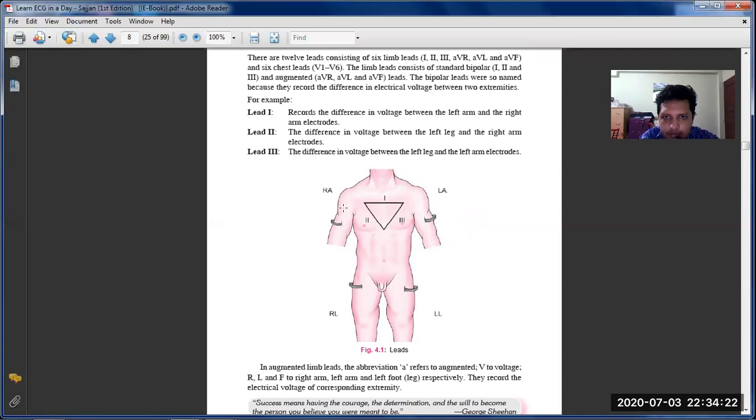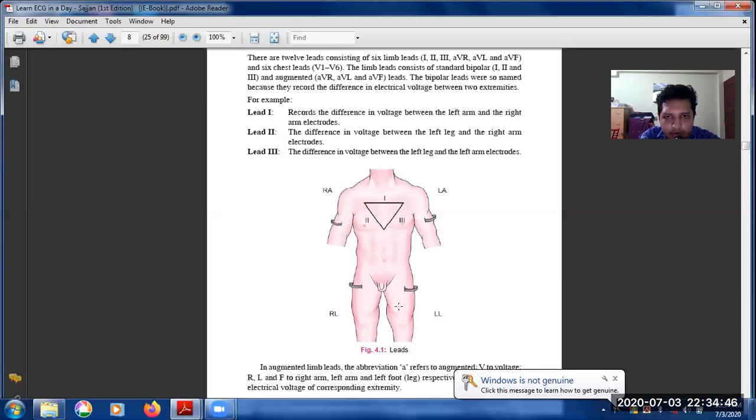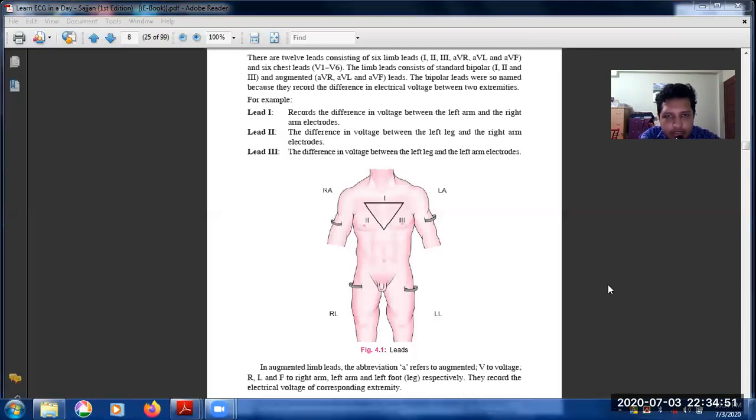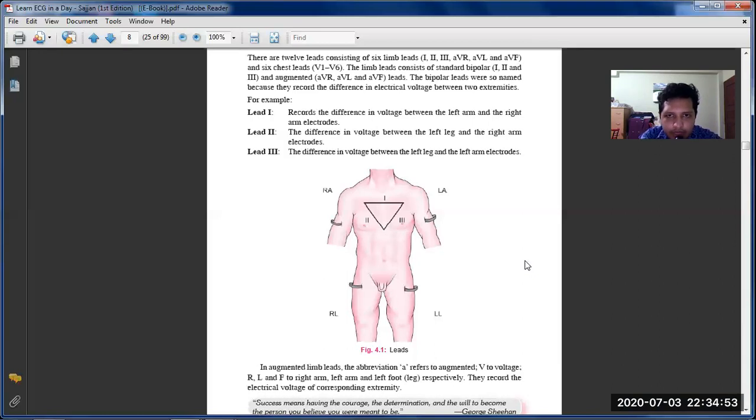We are using the left lower limb because the actual direction of the heart is towards the left. The apex of the heart is towards the left, so if we want to include the apex of the heart in this triangle, we have to use the left side. So this triangle is called Einthoven's triangle, and the heart is situated inside this triangle.